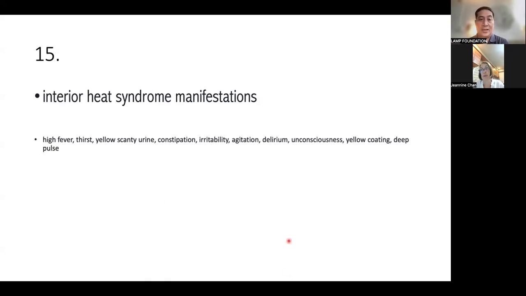Take note of this: delirium, unconsciousness, yellow coating. If you have a patient who started out with exterior heat syndrome and you happen to have these manifestations, then probably you were not actually treating the patient. That's a challenge.